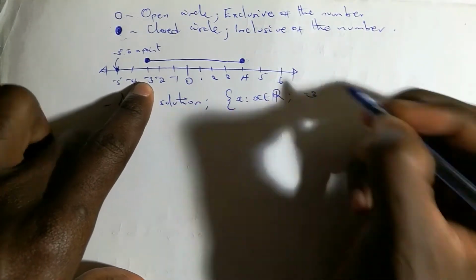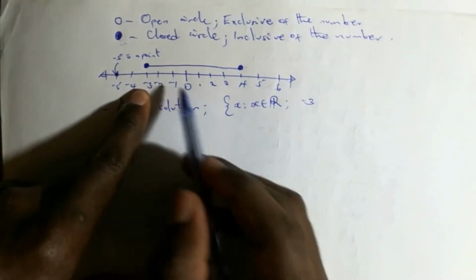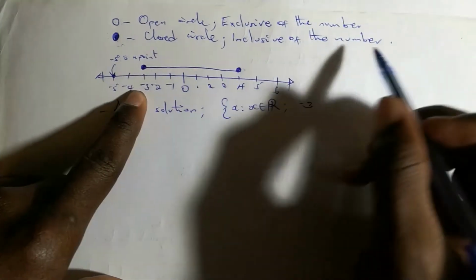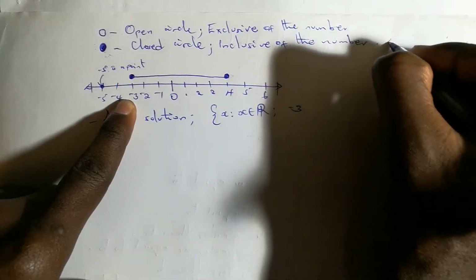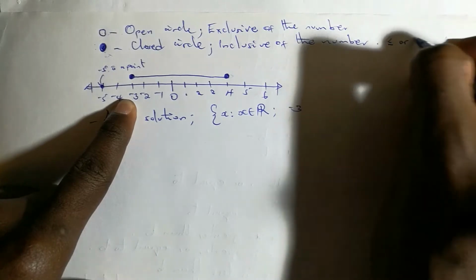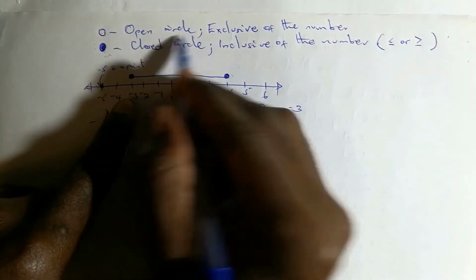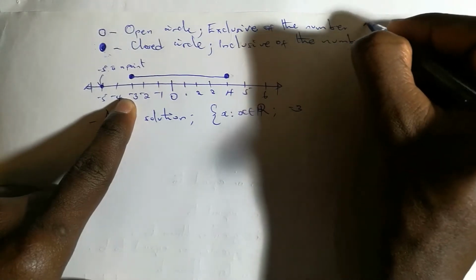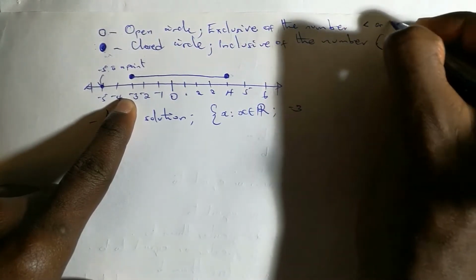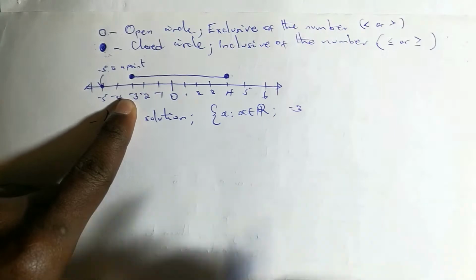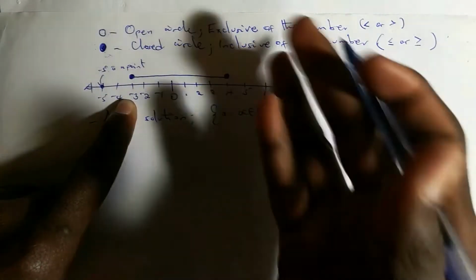for -3. Another thing we need to know is that this inclusive or closed circle is connected to either less or equal to, or greater or equal to. And this open circle would mean either less or greater only. That's how they are associated.